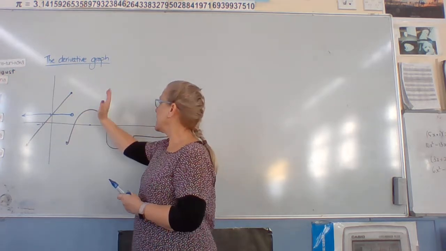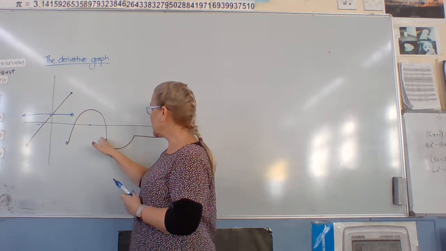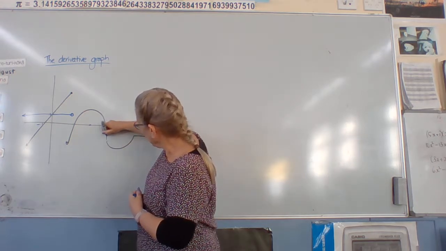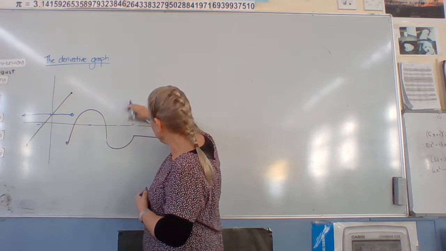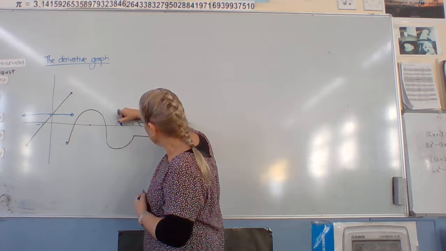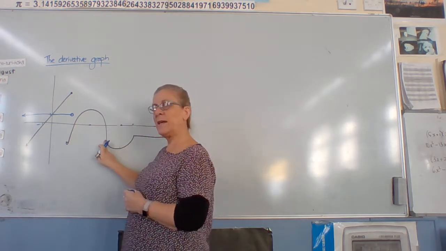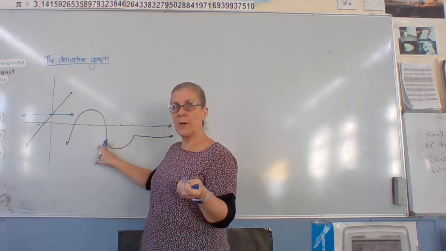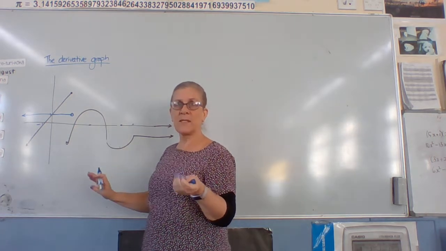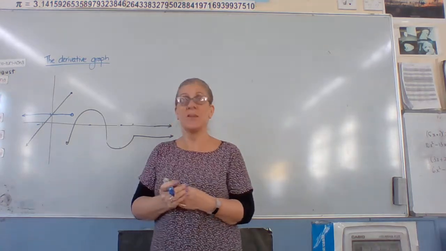Positive gradients, negative gradients. Here we change, about here it changed and about here. At this point here, we also need a first derivative of 0 gradient, or a maximum gradient. And we need the gradient of this point to be 0.